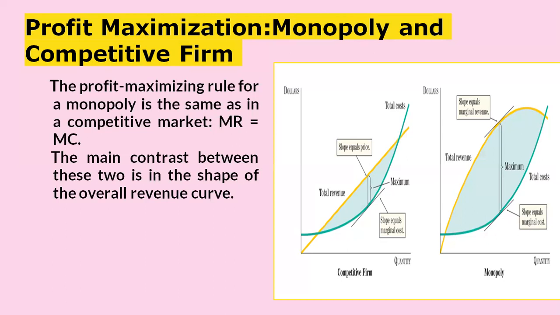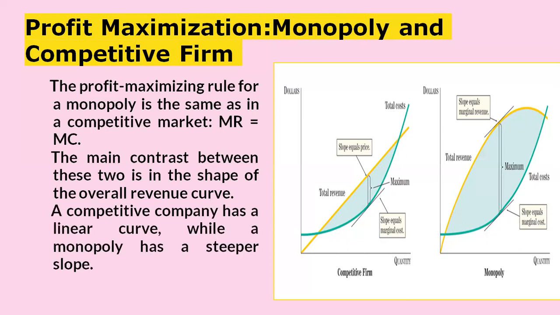The main contrast between these two is in the shape of the total revenue curve. A competitive company has a linear curve, while a monopoly has a curve with a flattening slope.